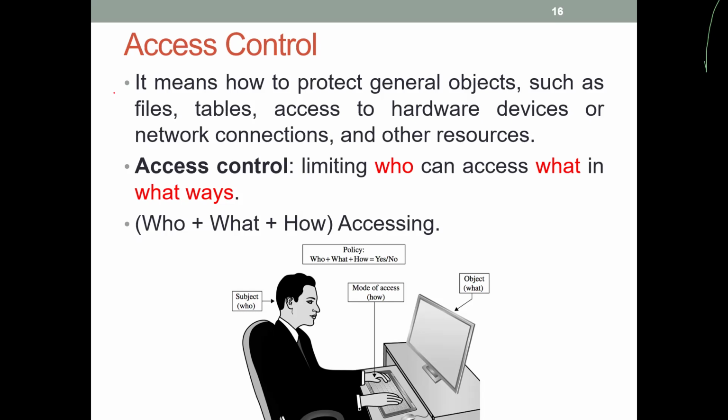Similarly, think about the lecturers. They have a certain level of access, so they can enter the server room if they have access permissions. Access control means we are limiting the access permissions for different types of people based on their qualifications or levels.